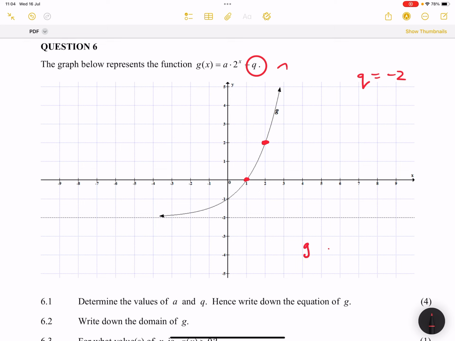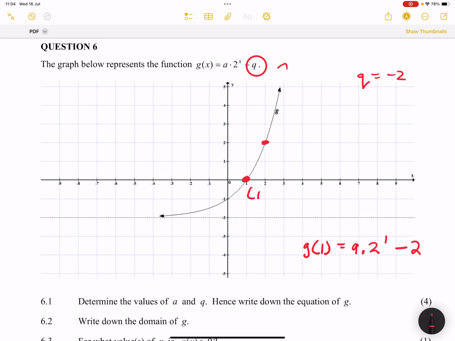So that means g of 1, that's going to be a times 2, where I see x, I put 1 there, right? So that's a multiplied by 2 to the power of 1 plus, but remember we said q is -2. But what is the corresponding y value?